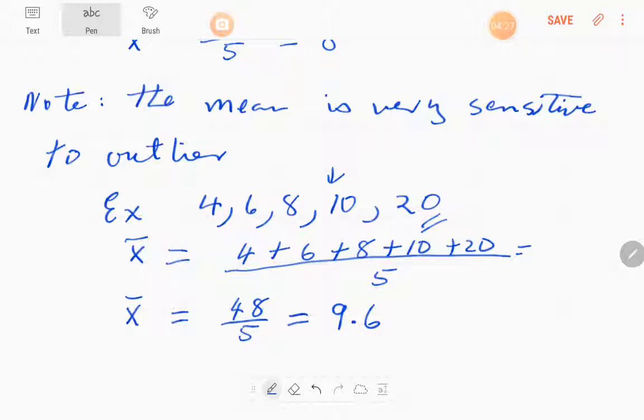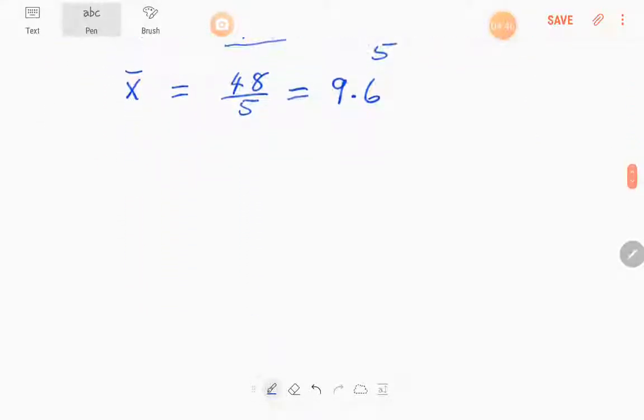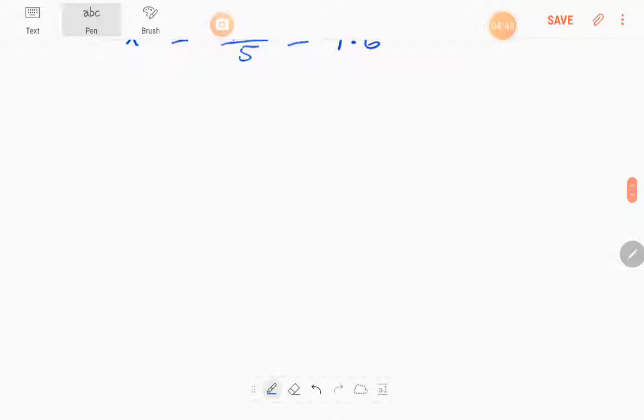But we have other methods of measuring the middle, and to counteract the outlier, we'll use those other forms of finding the middle of the data set. So one other measure of finding the middle is the median.